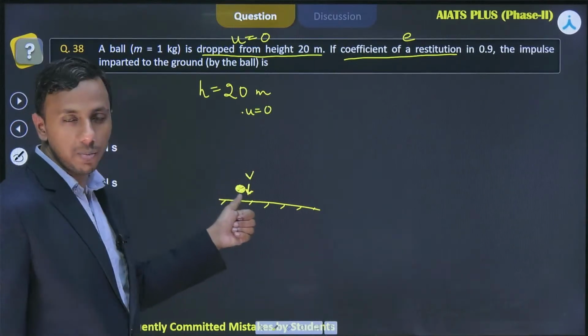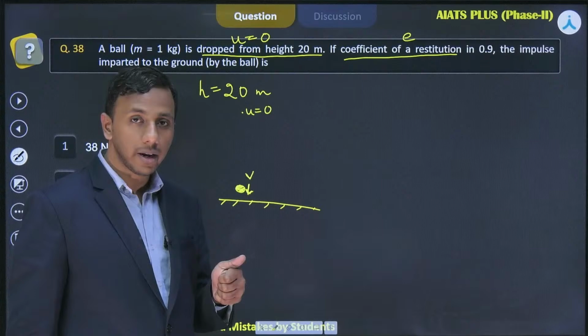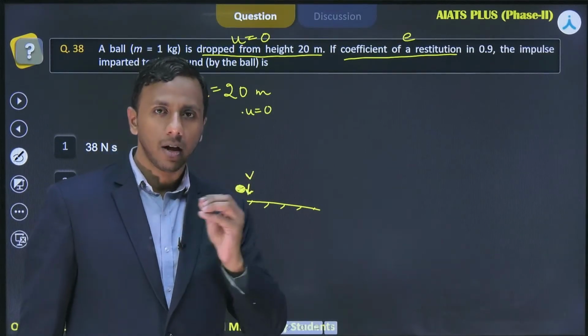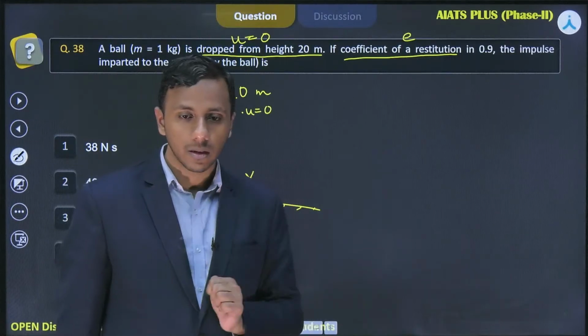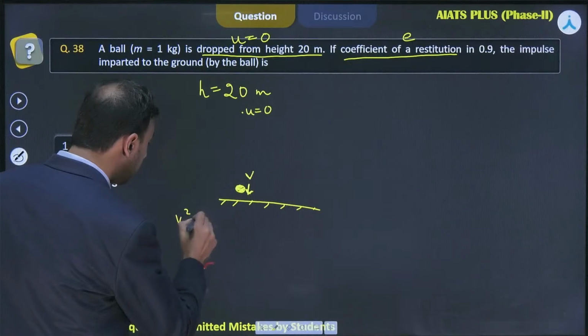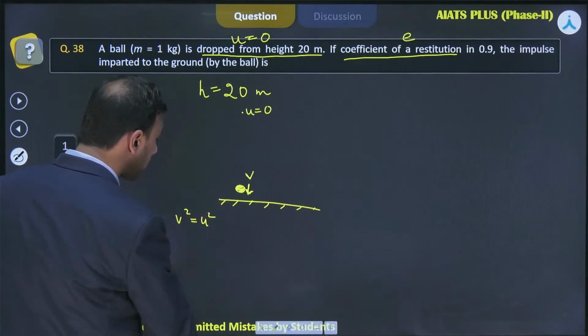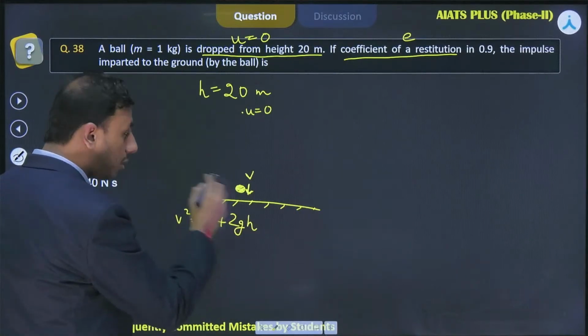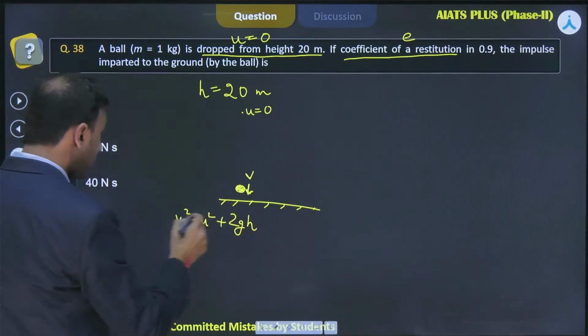So v would be equal to under root 2gh, using which equation of motion? You can use the third equation, v square is equal to u square plus 2gh. So u is equal to 0.